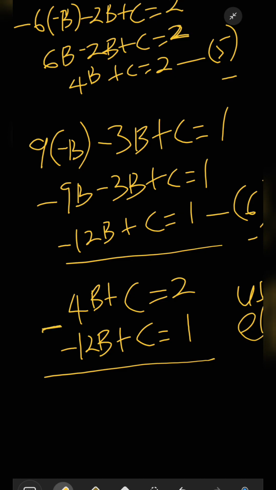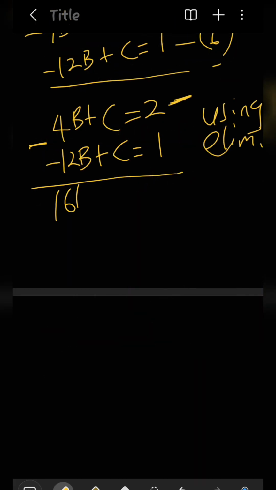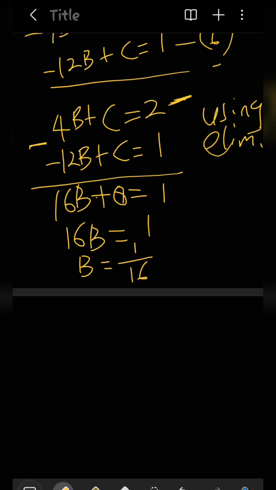So this minus this: 4B minus minus 12B. That minus minus will change to plus. So we'll be having 4B plus 12B, which is going to give us 16B, plus C minus C is 0, is equal to 2 minus 1 is 1. So therefore, we have 16B is equal to 1. That means B is equal to 1 over 16.